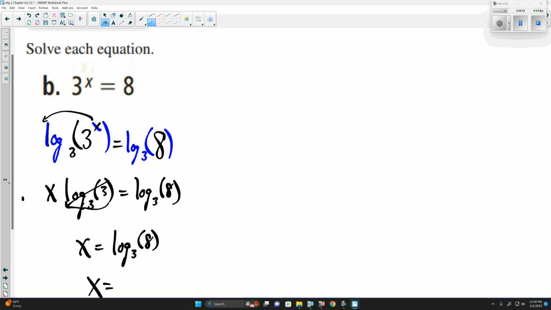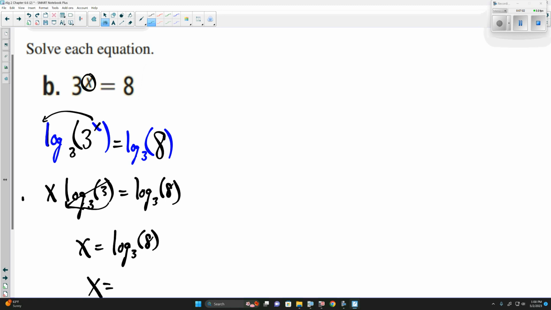Before we calculate it, what do we think x should be close to? What whole number? 3, because 3 times itself, how many times? Once is just 3.